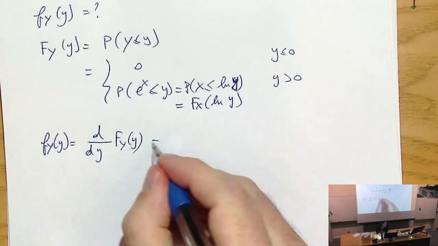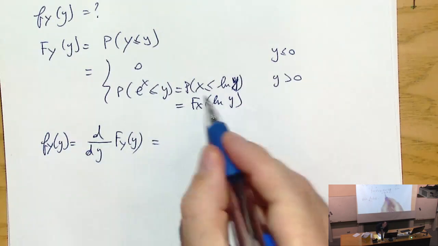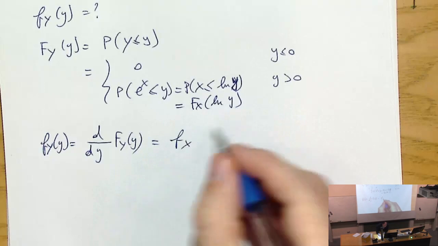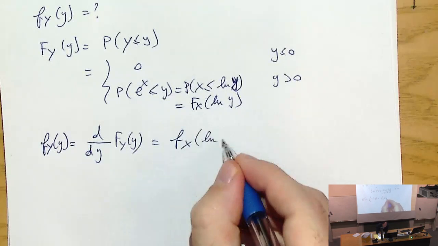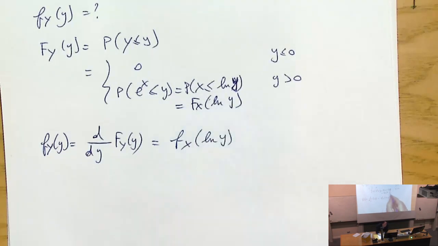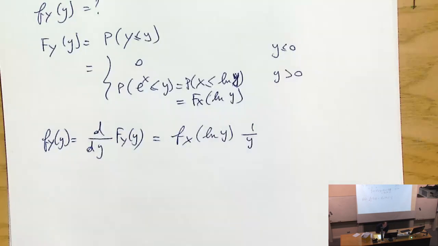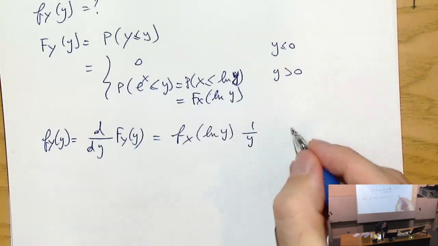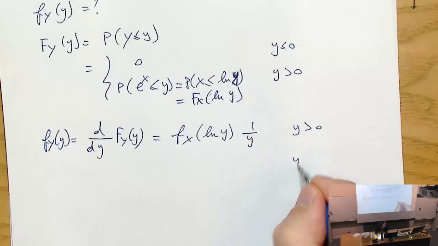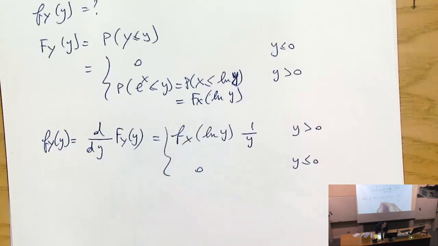And so what we have here is, you take the derivative of that function. You're going to have the PDF of x evaluated at ln of y multiplied by the derivative of ln of y, which is 1 over y. And this is, again, if y is positive. If y is negative, you get 0.